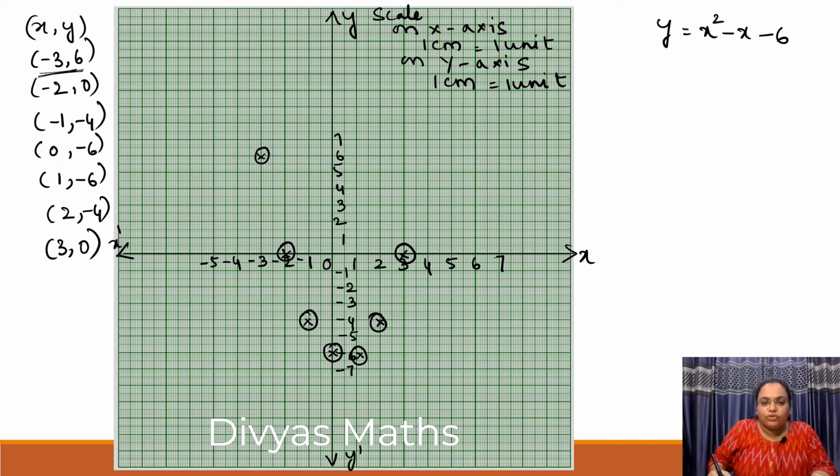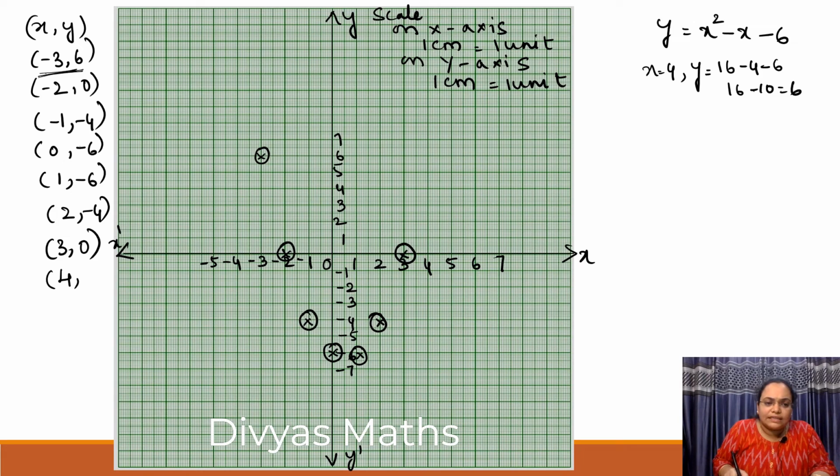So if you join the points, it will stop till here, right? So let me just extend it a little more, okay? So let me take 4 as well. So if x is equals to 4, what will be the y? y will be 16 minus 4 minus 6, that is 16 minus 10 is 6.